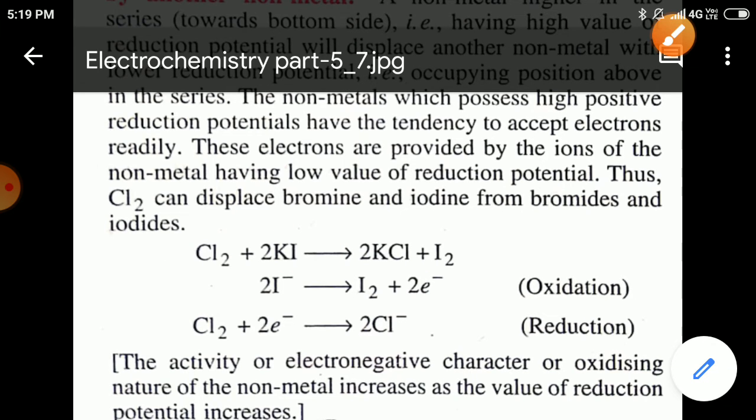The activity or electronegative character or oxidizing nature of a non-metal increases as the value of reduction potential increases.